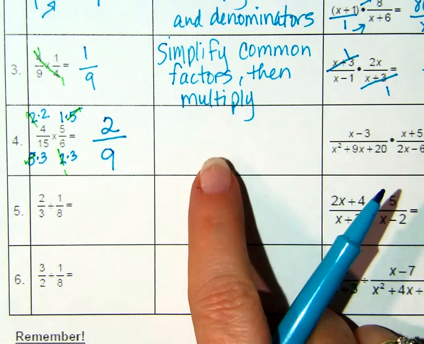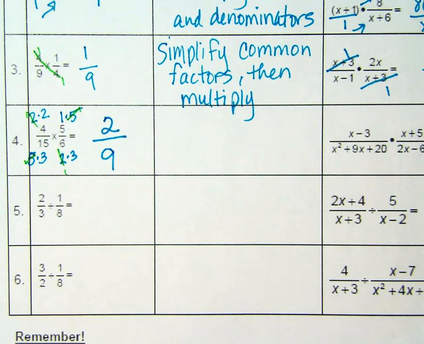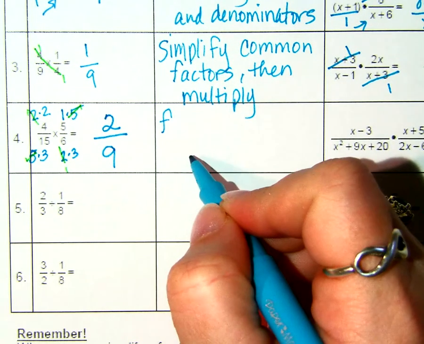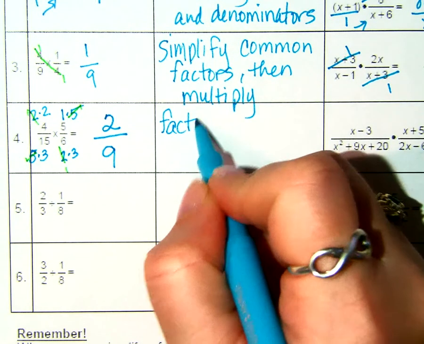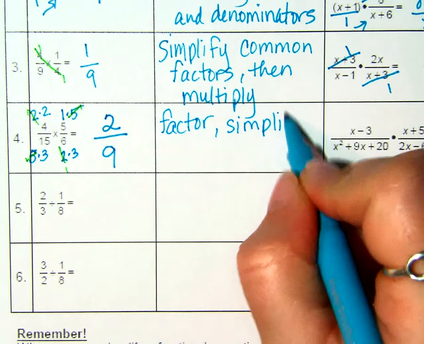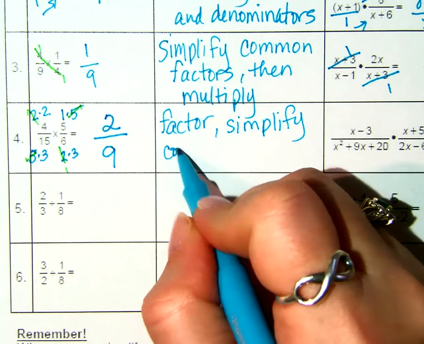So what were my steps here? What did I do first? Kind of. What did I do right before I simplified? Factor. Factor and then simplify common factors.